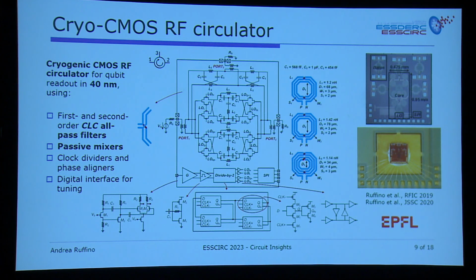Then there were passive mixers, and then there was a part related to the LO path, including clock dividers and phase aligners, and then there was also a digital interface to perform tuning and control of this structure.